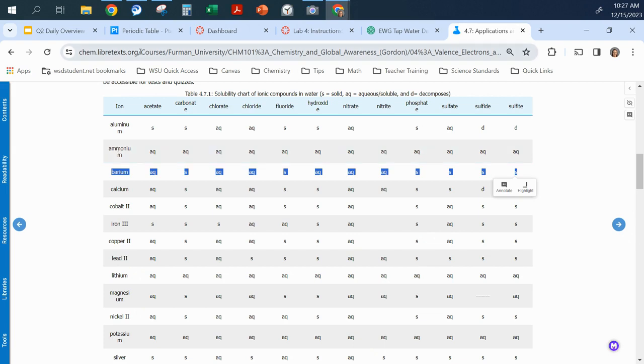So my flocking agent has to be something that has the anion that will precipitate out barium, or another cation, but the form that I add as the flocking agent has to be soluble.